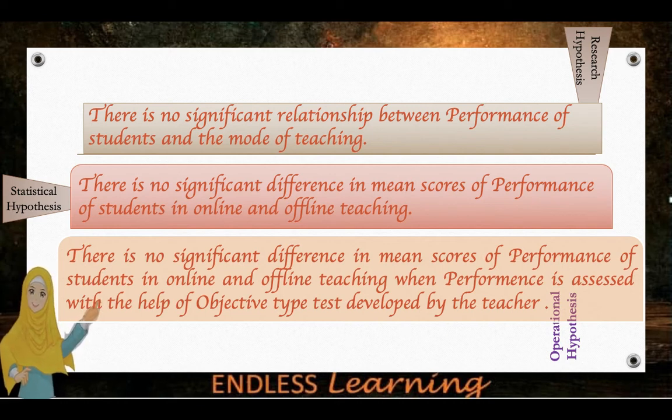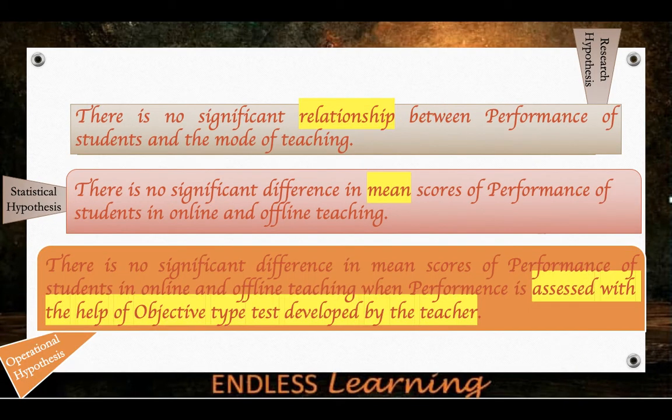Now, what's the difference between the three types of the hypothesis? As you can see, in the research hypothesis we use the word relationship, and in the statistical hypothesis we use the words mean scores. The third form, the operational hypothesis, is almost the statistical hypothesis, but we have added how we collected the data.